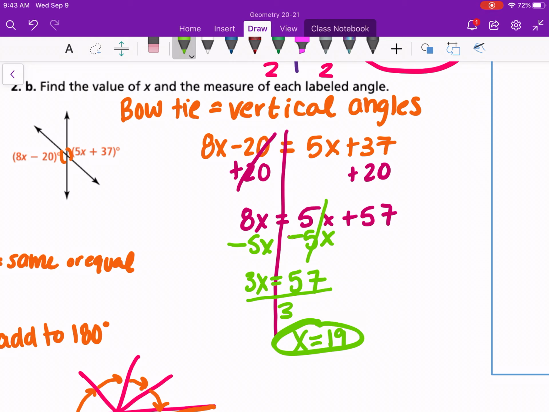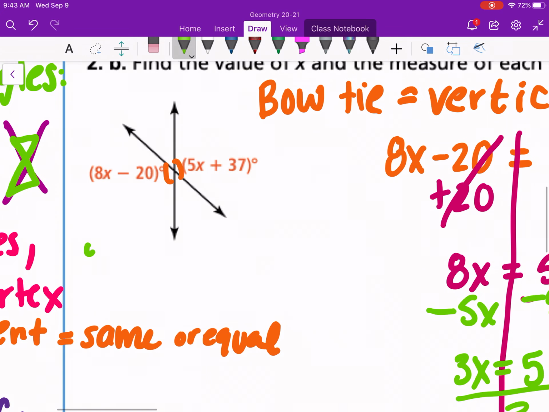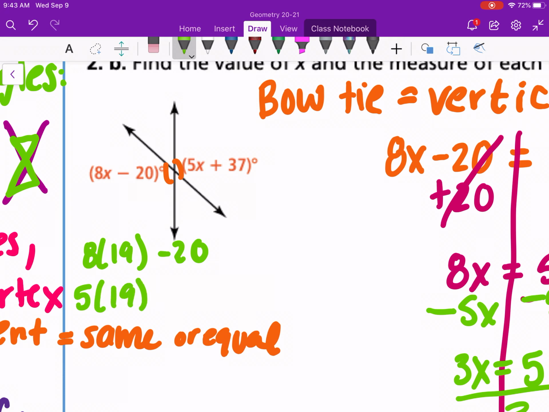You could do that part on a calculator, 57 divided by 3. You don't need to know that one by heart. And then I'm going to plug them back in. So I need to find out what 8 times 19 minus 20 is, and what 5 times 19 plus 37 is.